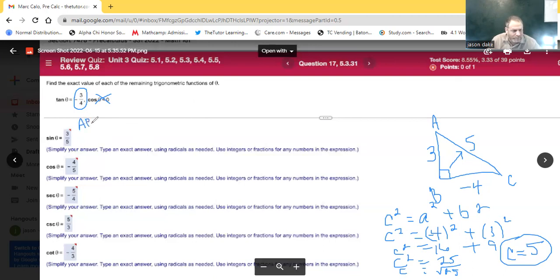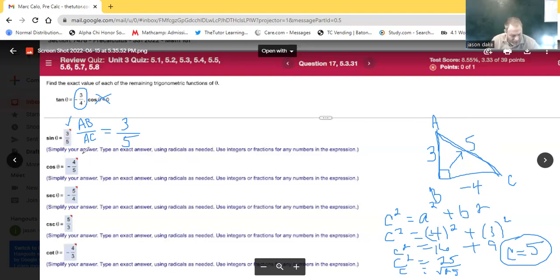AB, which is 3, over AC, your hypotenuse, which is 5. And does that match our answer? Yes.